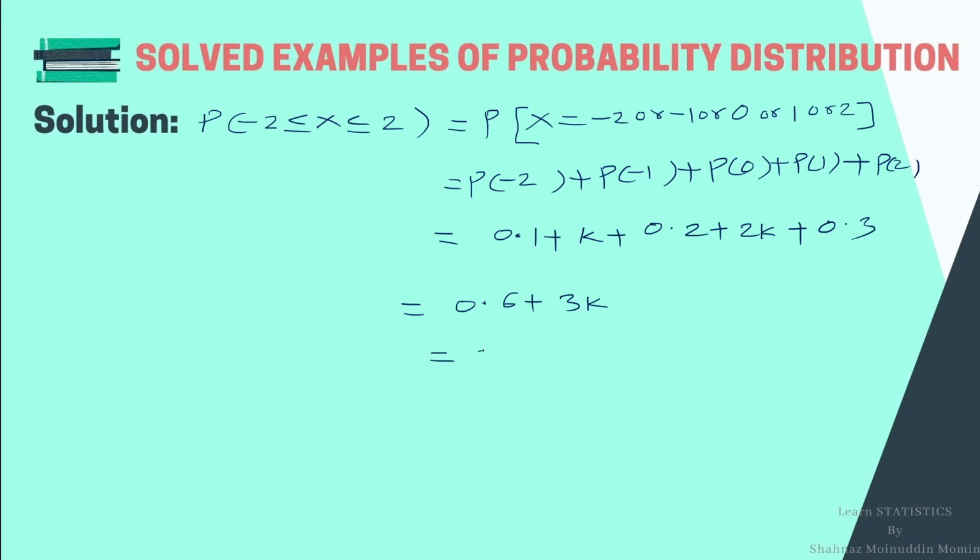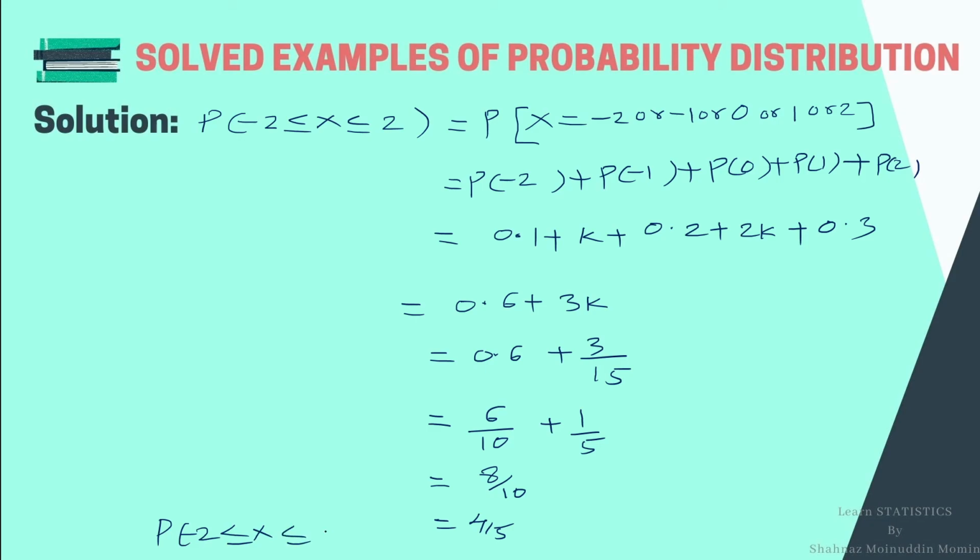Put the value of k, that is 1 by 15, which is equal to 8 by 10, that is 4 upon 5. Therefore, the probability of -2 less than or equal to x less than or equal to +2 is 4 upon 5.